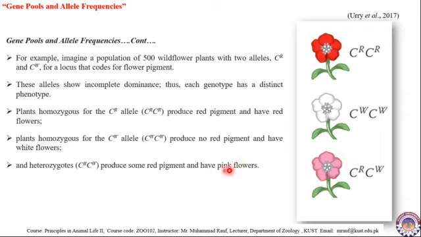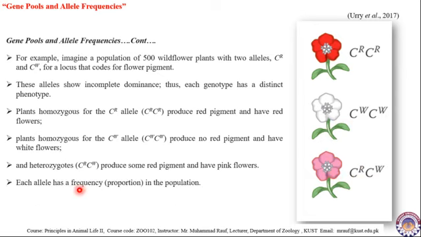So pink is a combination of both red and white. You can see here plant homozygous for these alleles red, homozygous for these alleles white, and heterozygous produces pink, which is a combination of red and white.